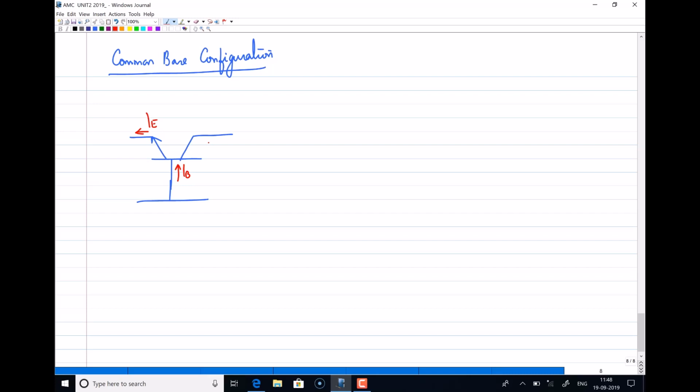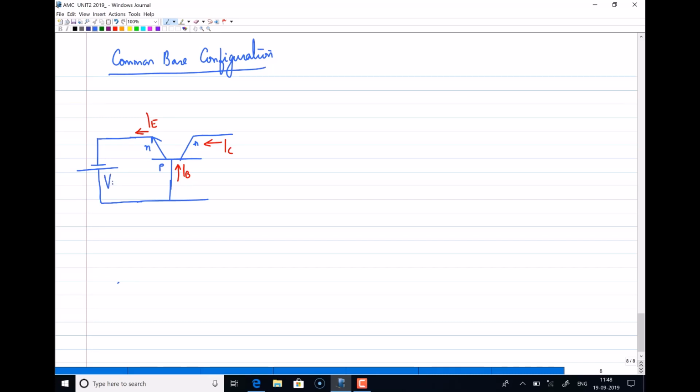So emitter current is this, base current is this, and collector current is this. Now if we want to bias this common base configuration, this is N, P and N.